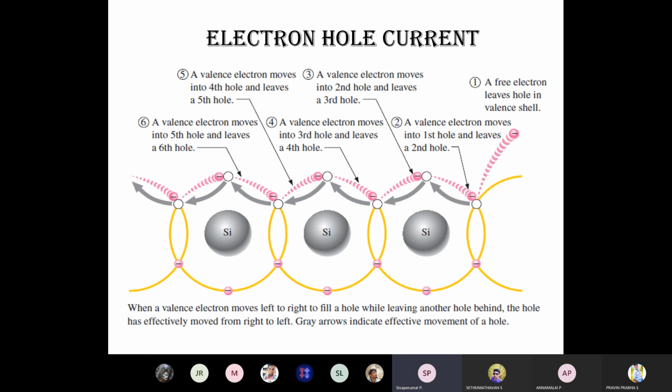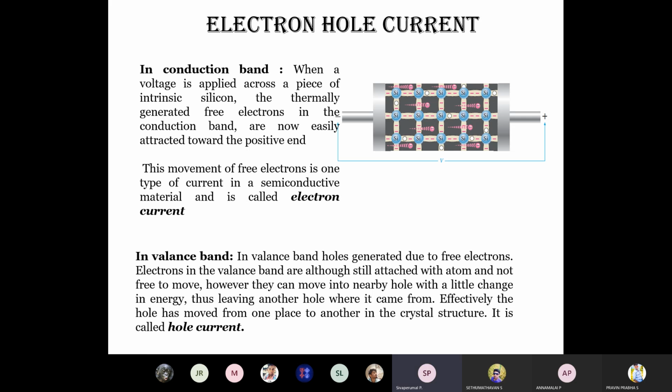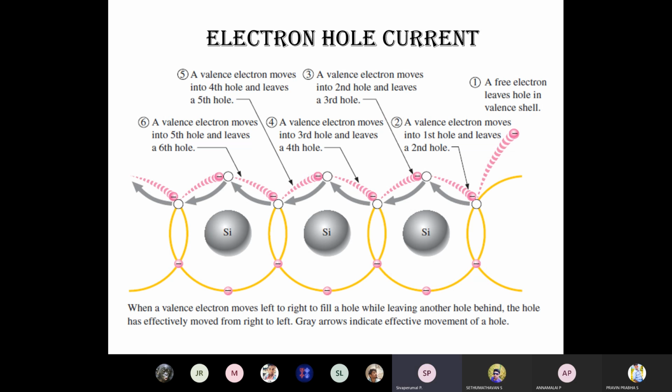So I have elaborated the whole structure, how the electrons become free. Normally the silicon material is there, Si is silicon. Around it, a pentavalent or trivalent valence band may be present.